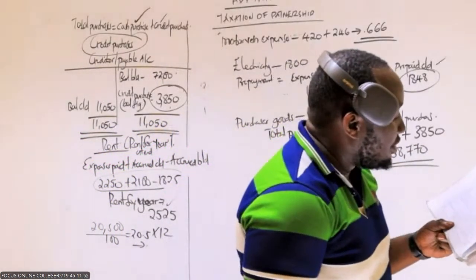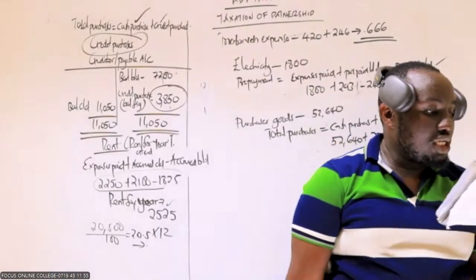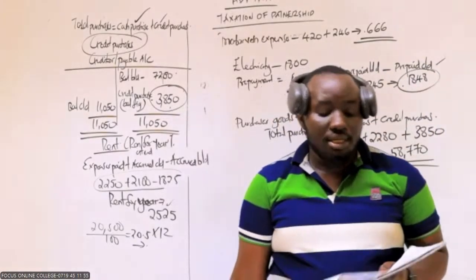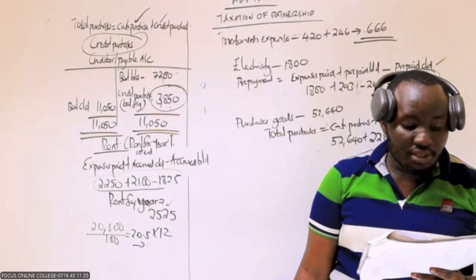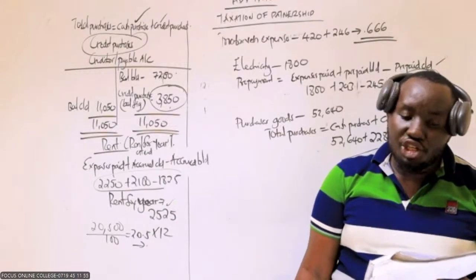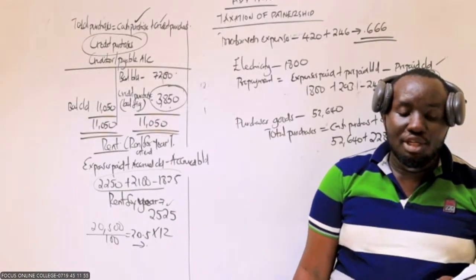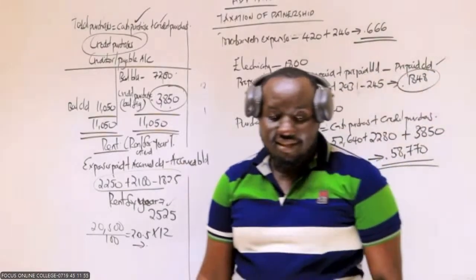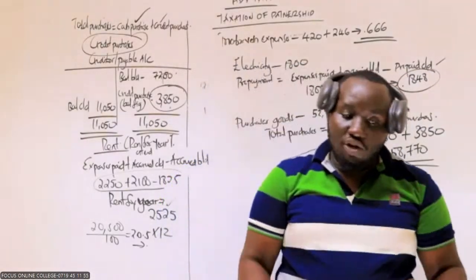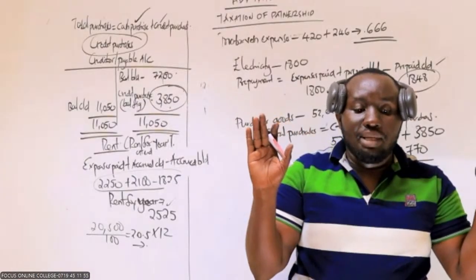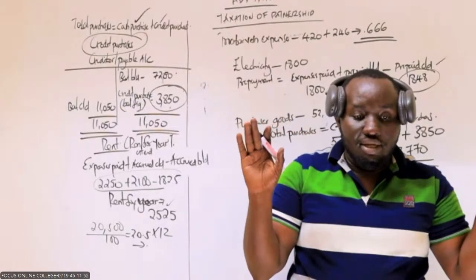We have what we call flotation cost. When you say flotation cost, what are we saying? That again tells me something. Flotation cost can only occur when a company is issuing shares.